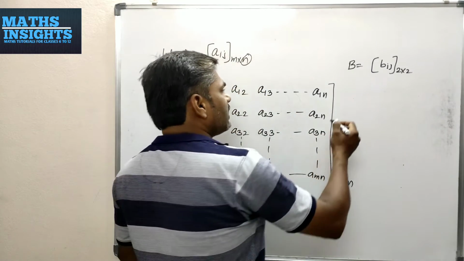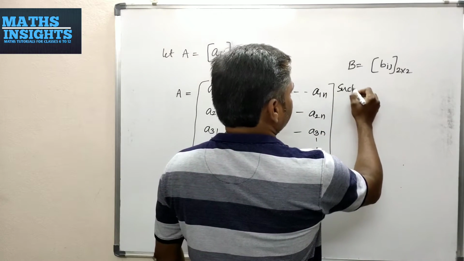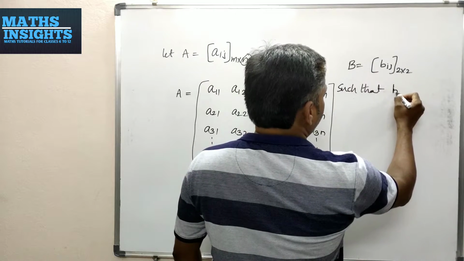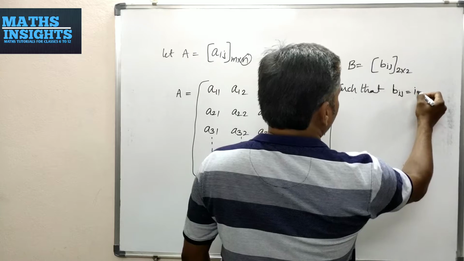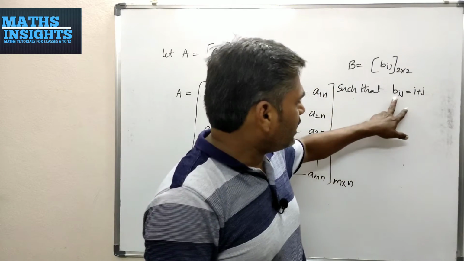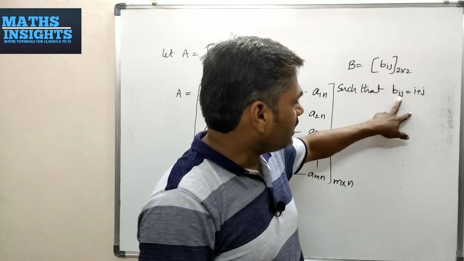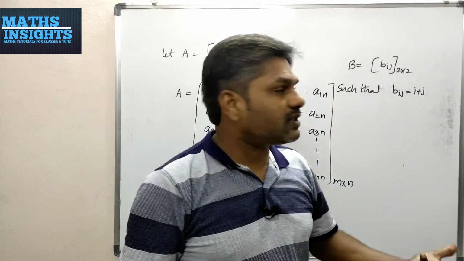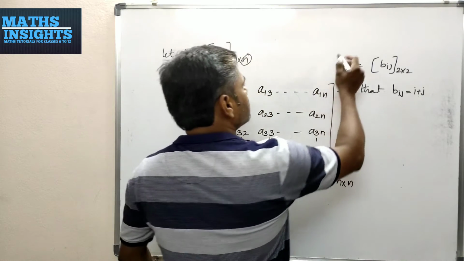They are giving the condition that Bij equals i plus j. Every element Bij has the value i plus j. They are asking to construct the matrix.